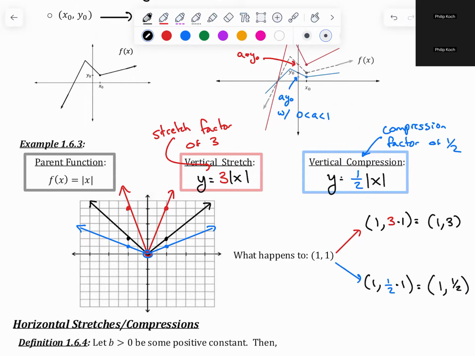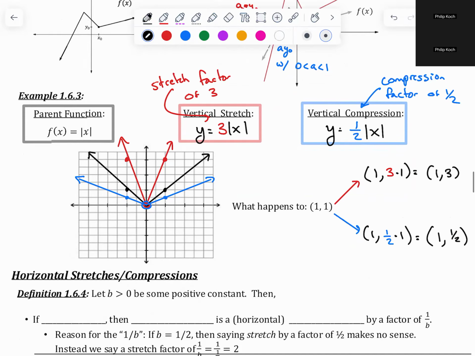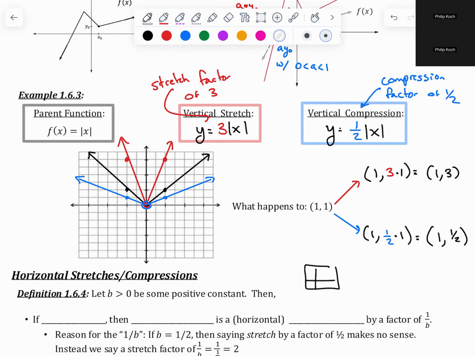If it has a compression, sometimes you won't get nice numbers. You'll need to use the plotting point feature. So make sure you feel comfortable with that button. It should be like a little XY grid with a little X on it. I think the icon looks like this.